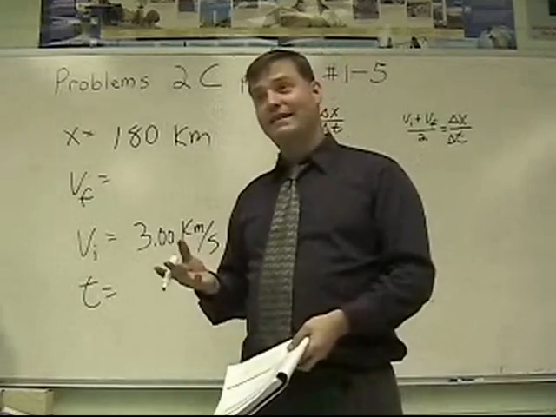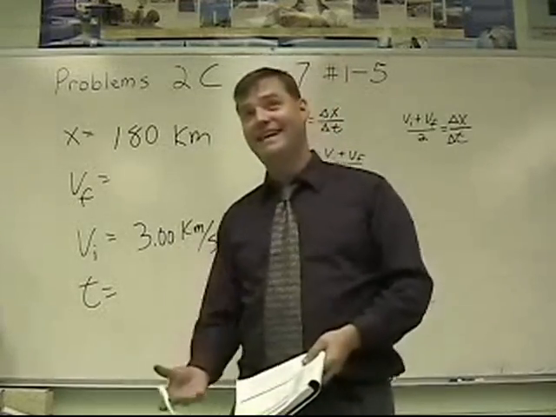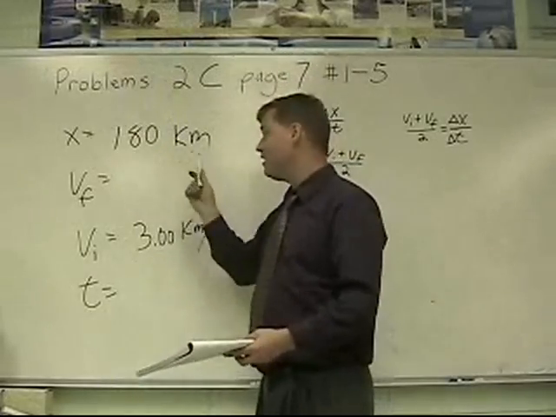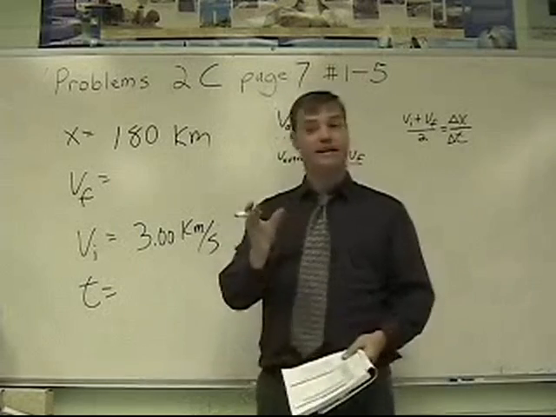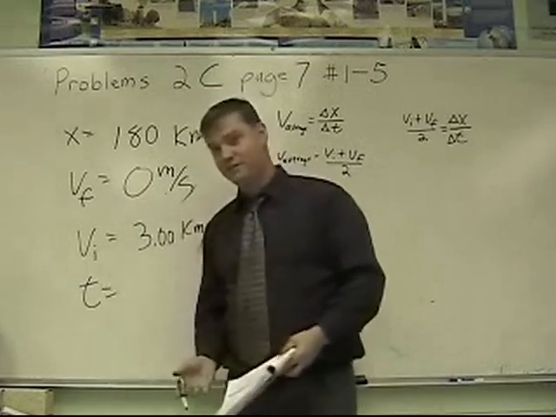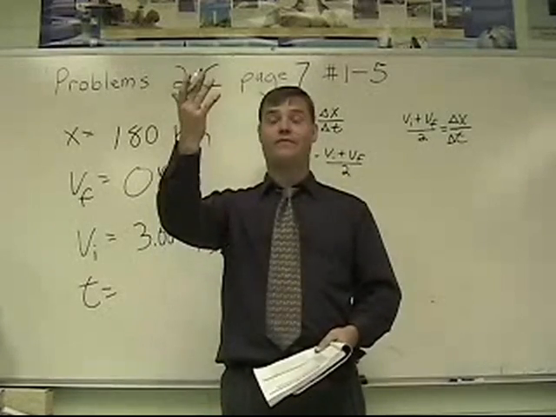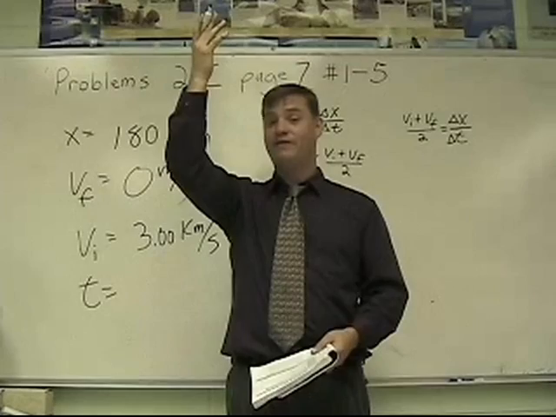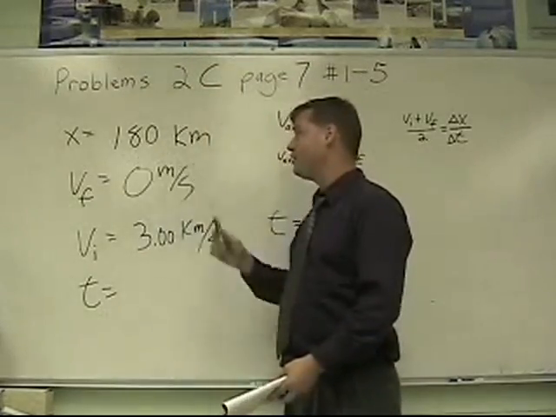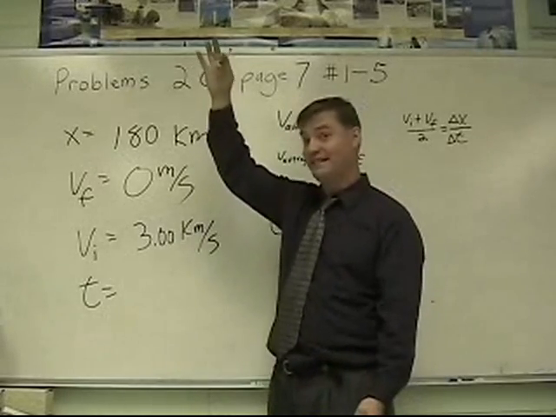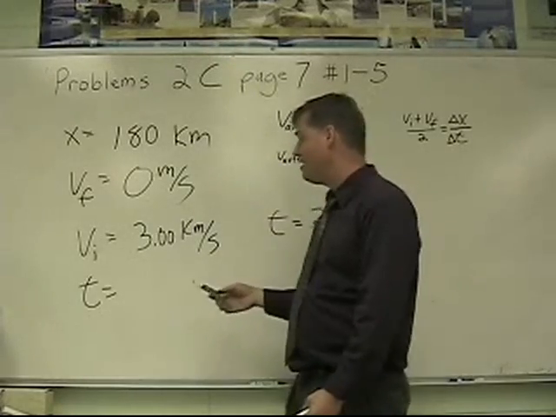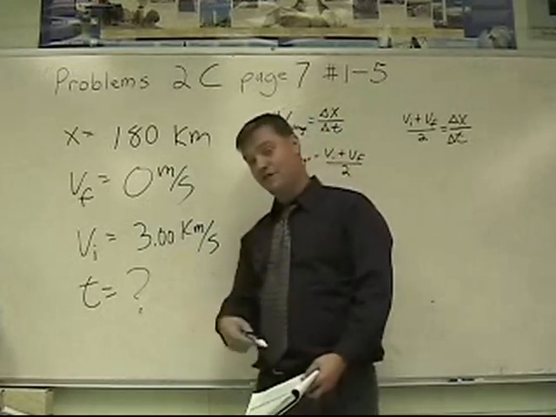Our final velocity, or the velocity that it's at when it reaches its peak distance of 180 kilometers, is going to be 0, because we know what goes up must eventually stop due to gravity and then come back down. So the maximum height is 180 kilometers, and this is the point that it actually stops rising into the air and then starts falling back down. The time is our unknown.